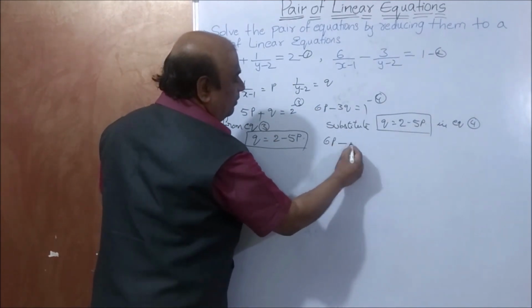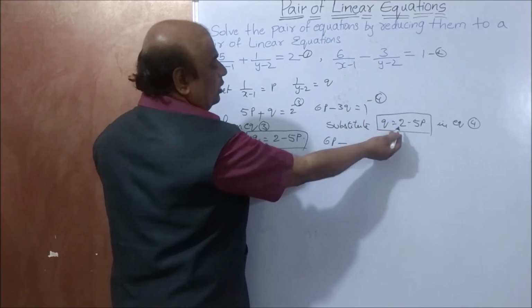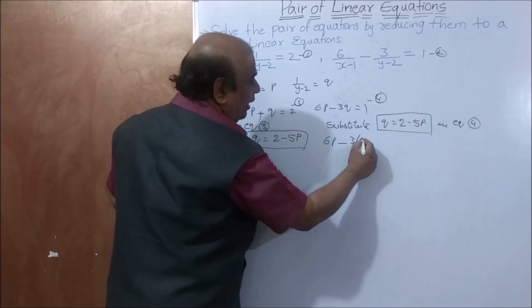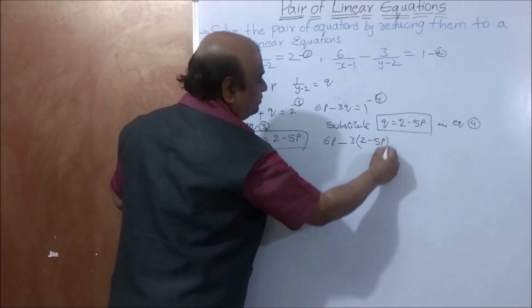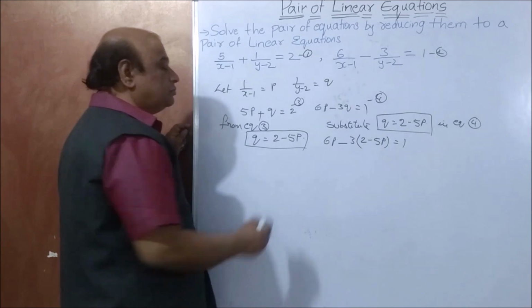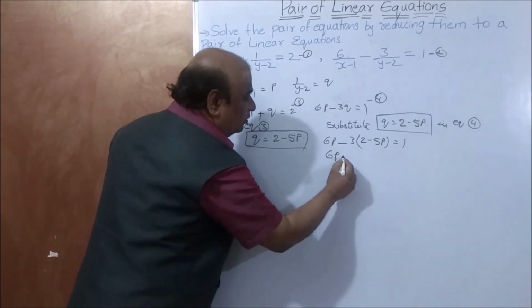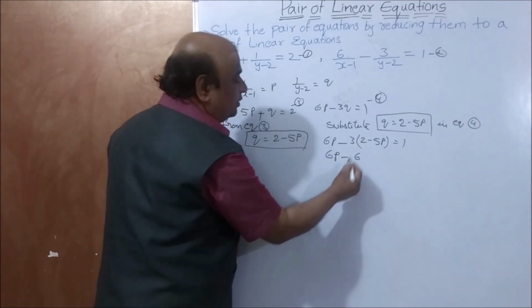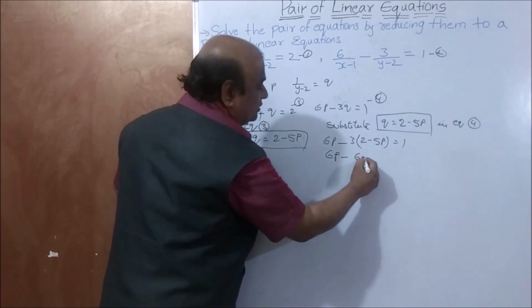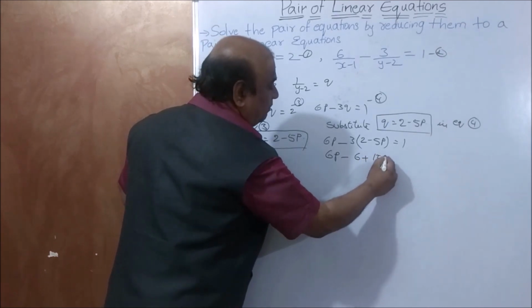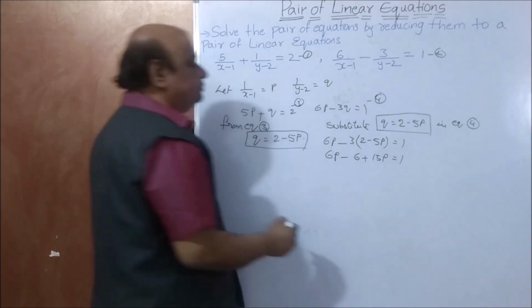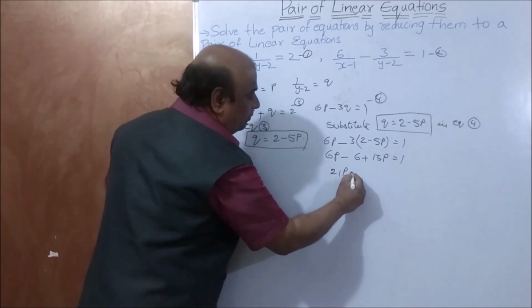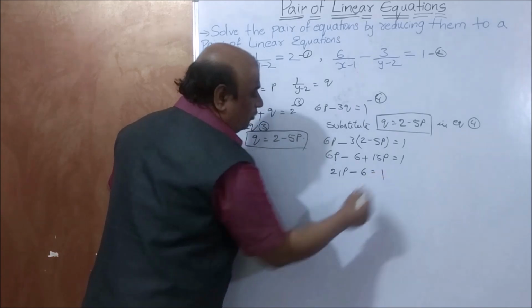6p minus, we substitute 2 minus 5p in the place of q. 3 into 2 minus 5p is equal to 1. 6p minus 3 2s are 6, minus into minus plus 15p is equal to 1. 6p plus 15p, that is 21p, minus 6 is equal to 1.